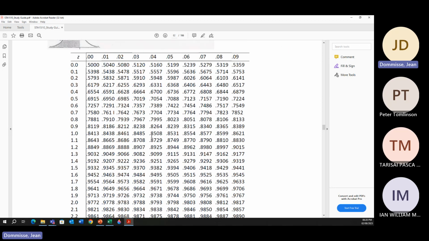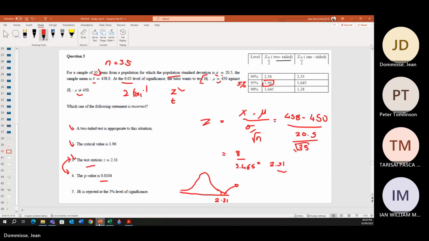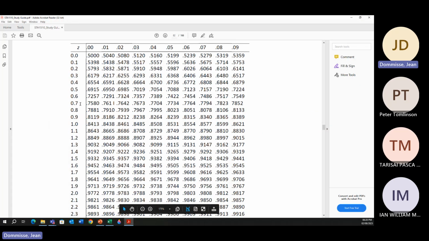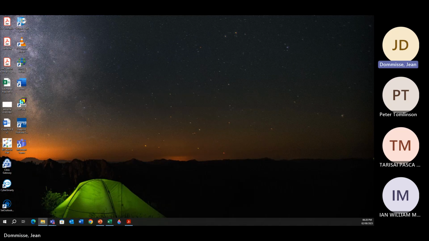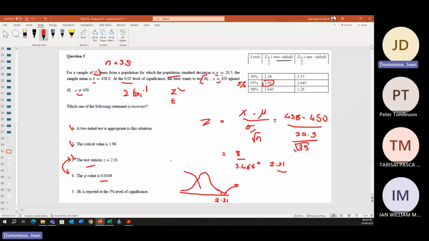So I was looking for Z 2.31, Z 2.31. There I have it: 0.9896. So this part is 0.9896.